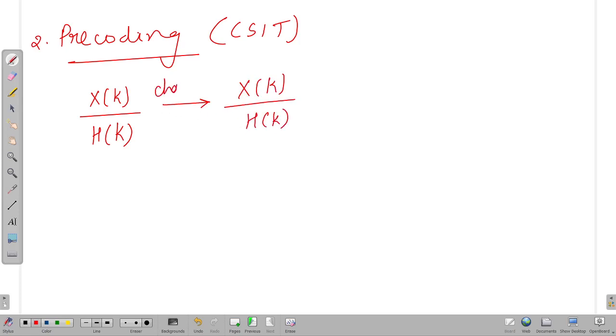You transmit this to the channel. And what does the channel do? This signal undergoes linear convolution, which gets converted to circular convolution, and at the receiver, what you have is this into h of k.